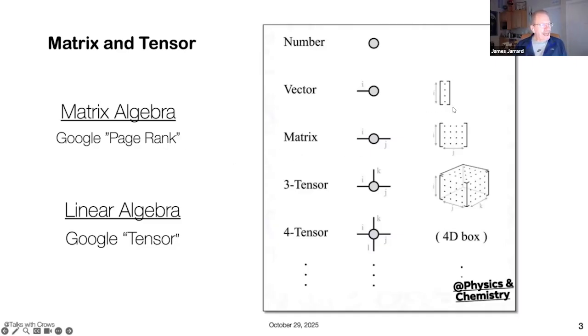And one thing that I discovered way back, even before we started with AI in the fall of 2022, just 2 years ago, was how Google developed PageRank. You remember the two guys that started Google, Larry Page and a Russian fellow, I can't remember his name right now. They used matrix algebra.